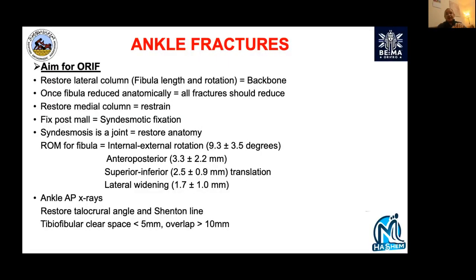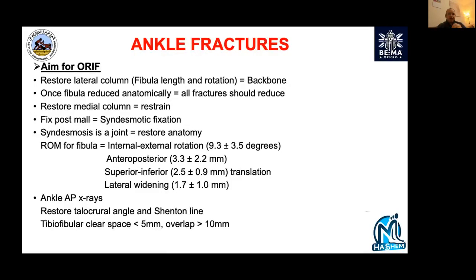So this is non-anatomical, though the evidence still supports that this regains the syndesmosis and will regain the ankle function, and the results and outcomes coming from that are not bad. So it's still comparable to a tightrope. The good thing about the tightrope, if it is done properly and tensioned properly, is that it can maintain this movement going on. So it is a form of anatomical fixation of the syndesmosis.